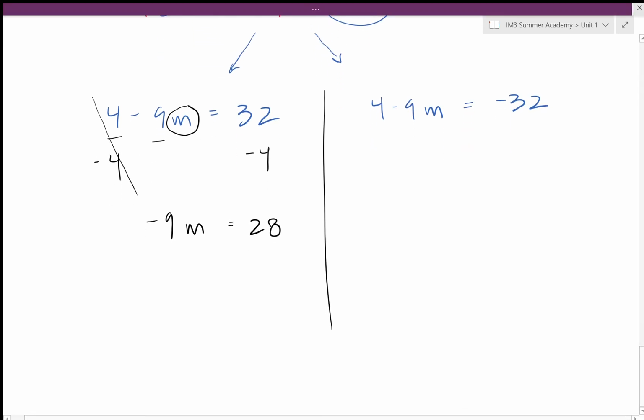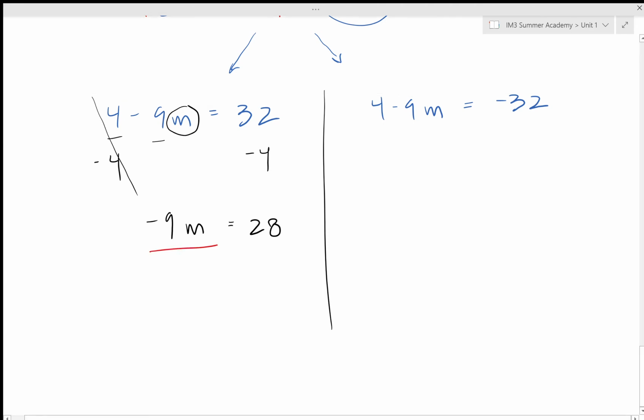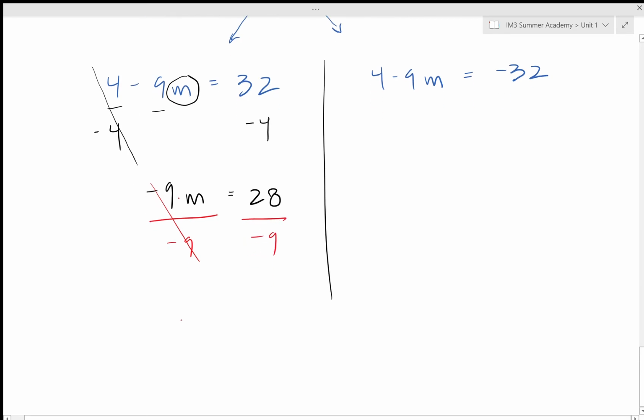Finally, last thing we're going to do is divide by that negative 9 because it's attached by multiplication. What I do to one side, I do the other. So m equals negative 28 over 9, which doesn't really reduce at all. So we're just going to leave that as negative 28 over 9. m is by itself. We're okay with that.